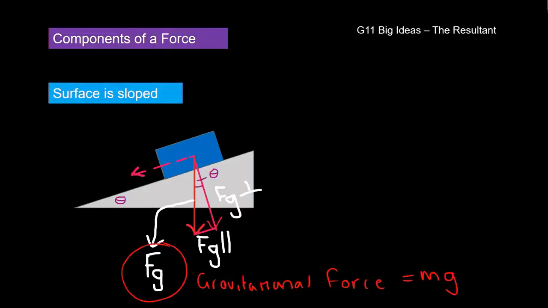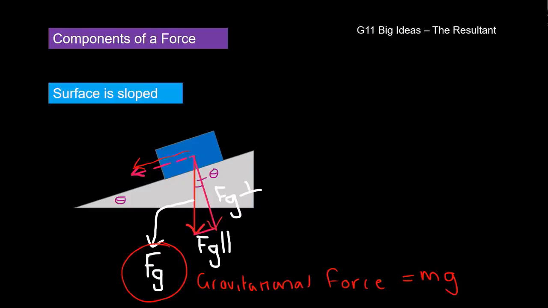Now, these components are named slightly differently. They are named according to their relationship to the surface. If you look at this dotted line, we have a component which is parallel to the surface. You can see that there.